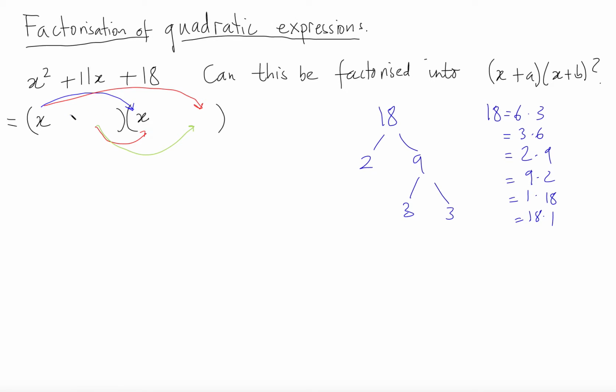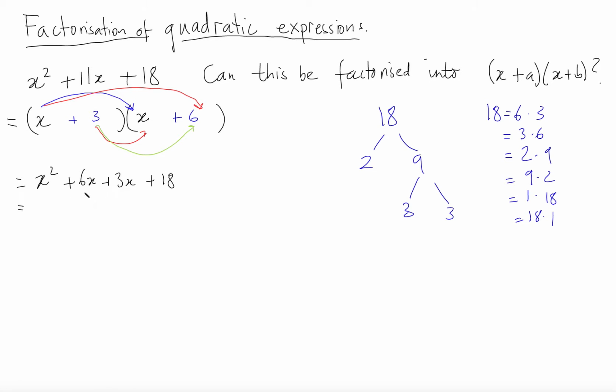Let's try plus 3 plus 6. Does that give us what we want? Well, that would give us x squared plus 6x, this thing multiplied by this, plus 3x plus 3 times 6, which is 18.